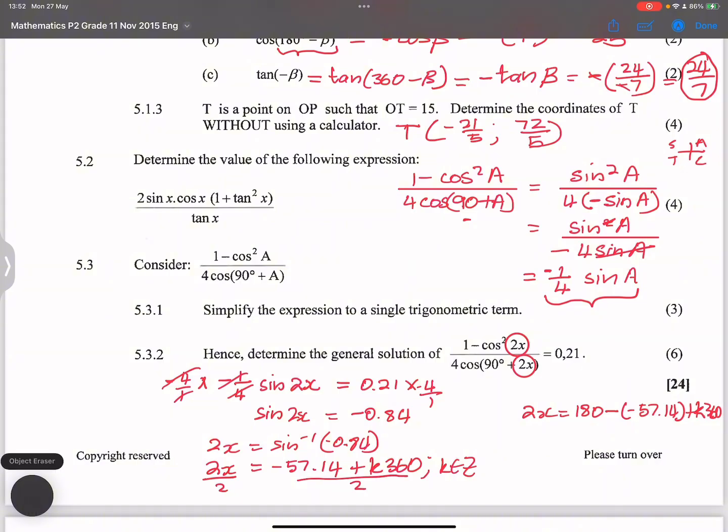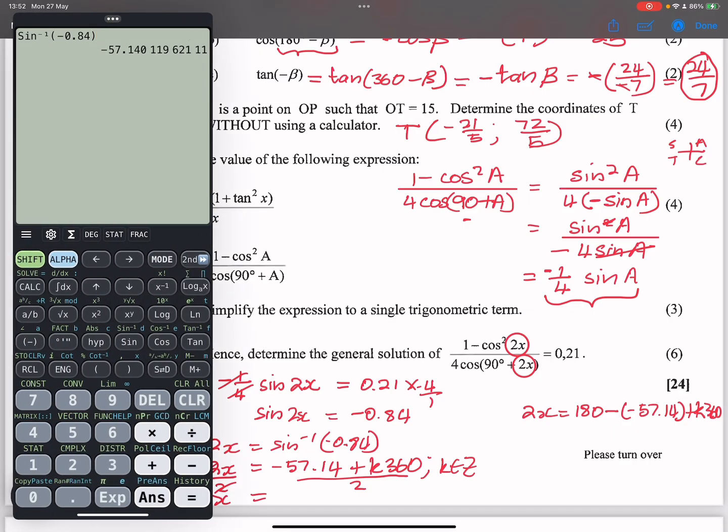So that means that x will be equal to, if I take that value and divide it by 2, negative 28.57 plus K 360.